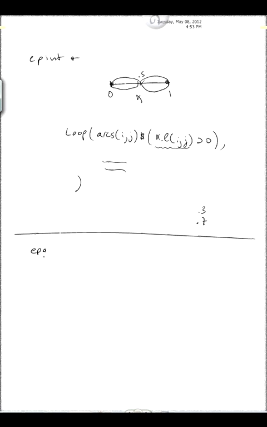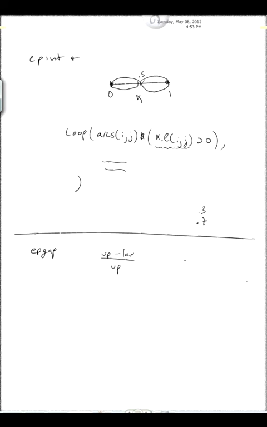So EPGAP is something that specifies how close to an optimal solution you have to get. And it's kind of a relative specification. So in particular, it would be something like upper bound minus lower bound over the upper bound, which means that EPGAP is a number between 0 and 1.